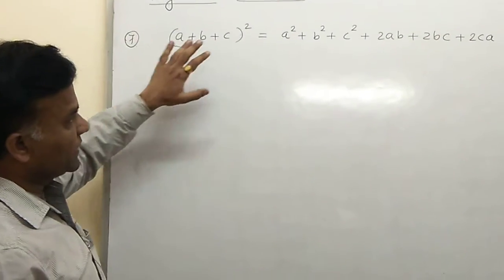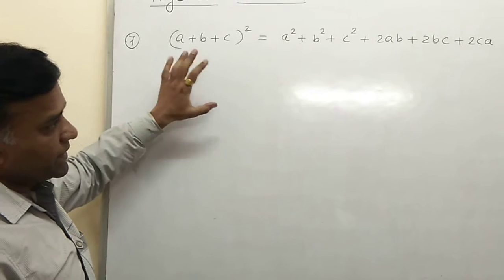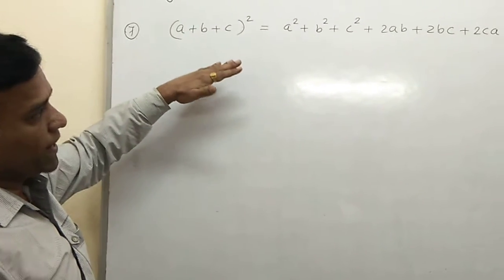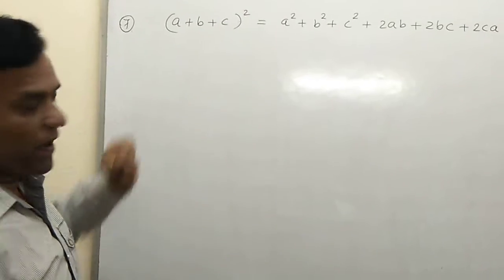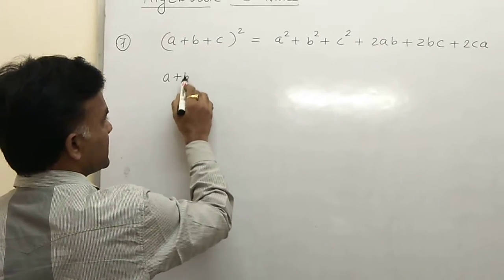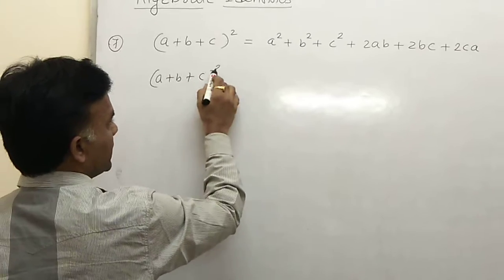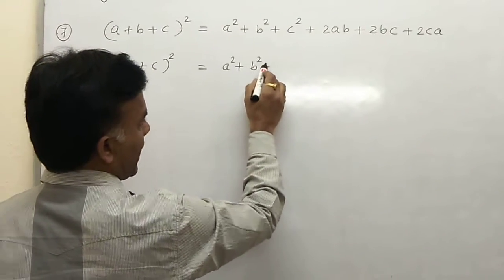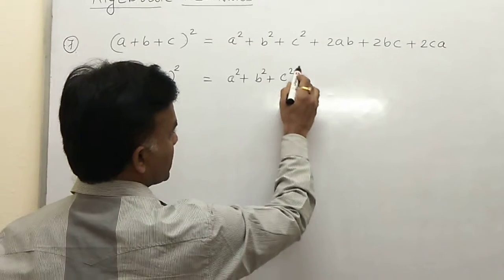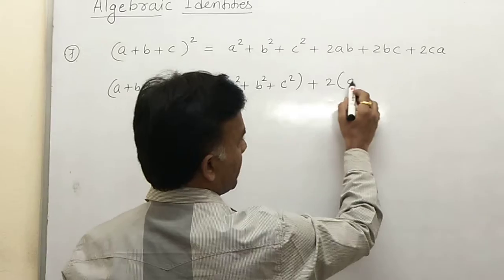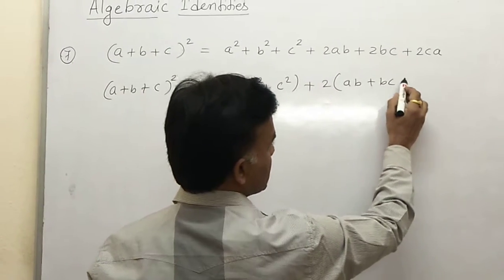With the trinomial whole square, some important factors can be found here, because there are three forms. You have (a plus b plus c) whole square, which you write as it is, because this is a linear form. Now this is a quadratic form, where every term has a square, so you take the bracket, and taking 2 common, you have ab plus bc plus ca.